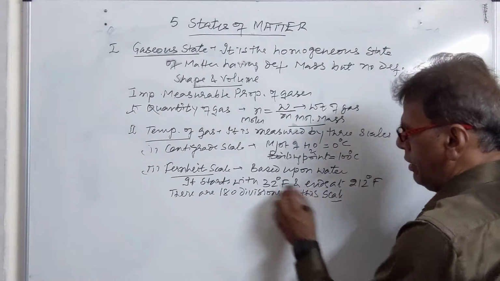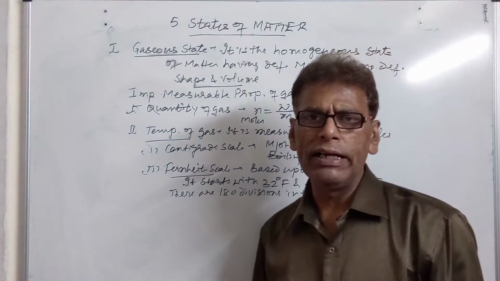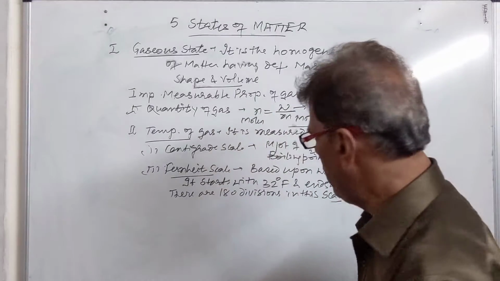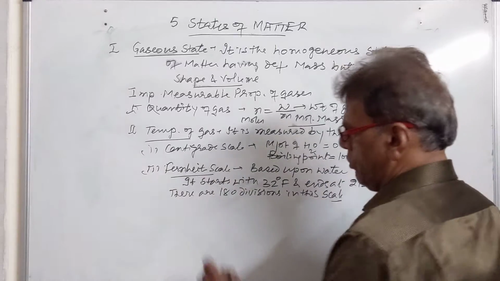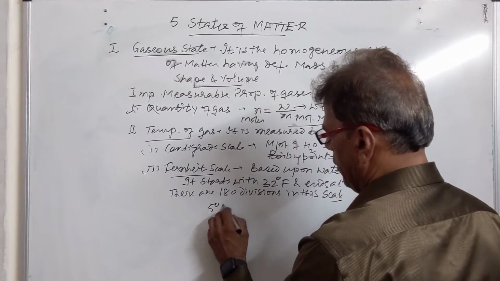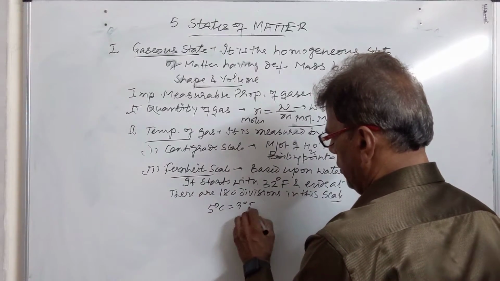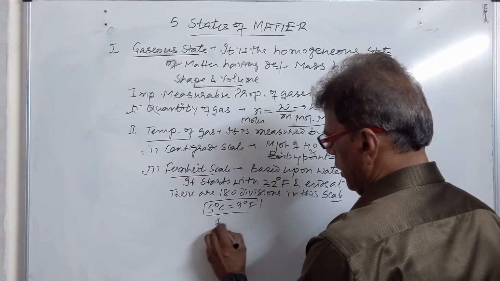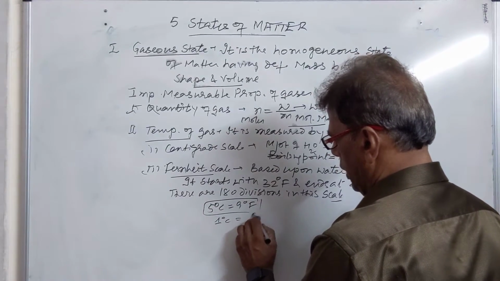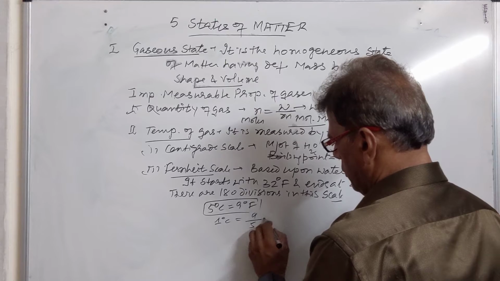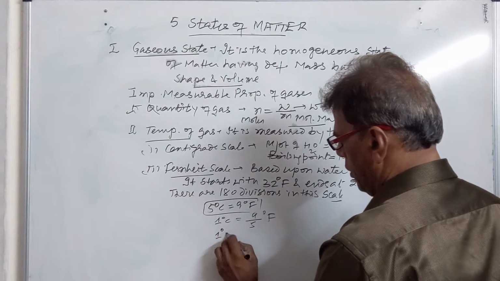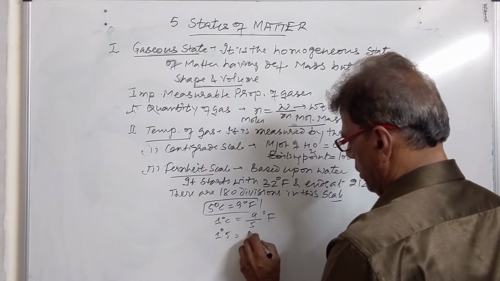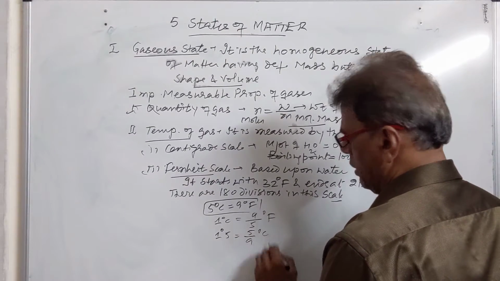Over this scale, the melting point of the water is taken to be 32 degree Fahrenheit and the boiling point is 212 degree Fahrenheit. So in all, 5 degree centigrade will be equal to 9 degree Fahrenheit. So 1 degree centigrade will be equal to 9/5 degree Fahrenheit, and 1 degree Fahrenheit will be equal to the reverse, that will be 5/9 degree centigrade.